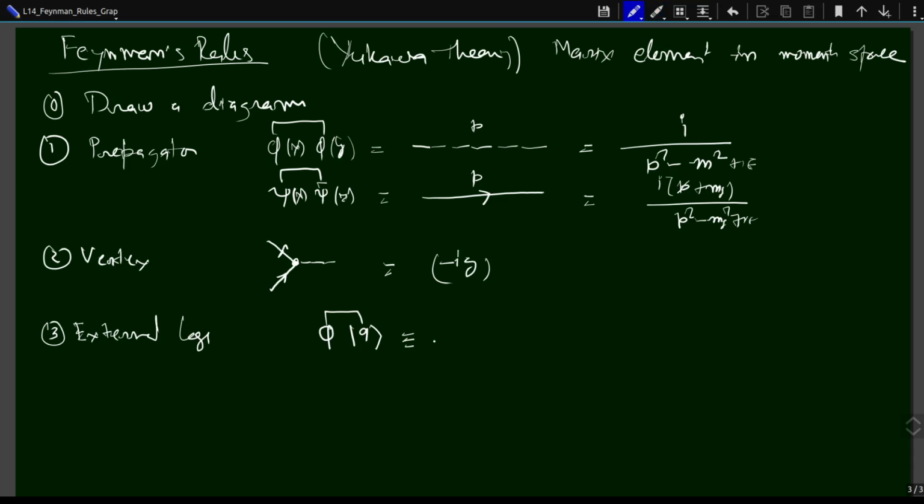Here is the initial state scalar, which is somewhere coupled to the fermion leg. I'm talking about this. How do I write down this guy? This is connected to the vacuum, contracting with the vacuum, and this is denoted by just one. This is the initial state.